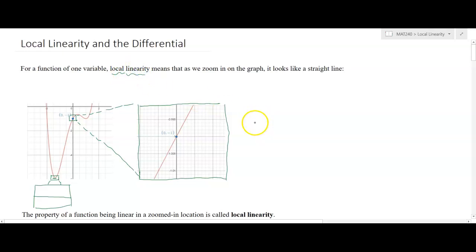That's a nice property that functions have, and it doesn't matter what kind of function we look at. Here, you can see that this function is pretty straight over a long interval, whereas in this little interval we can see that the function does curve, but if you zoom in on any one point, you should see a straight line.